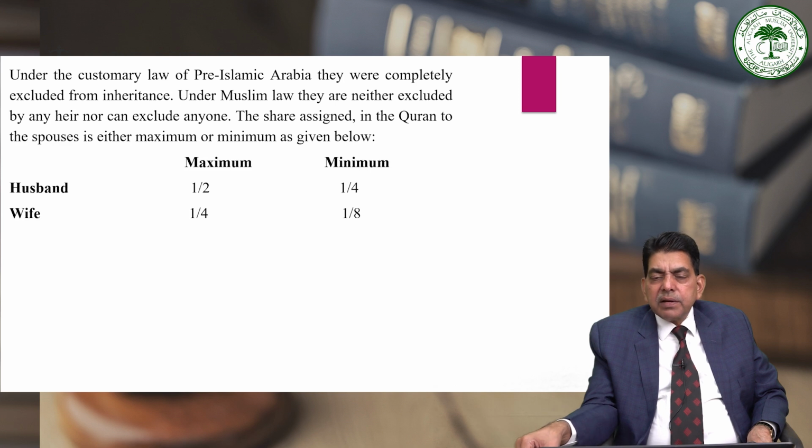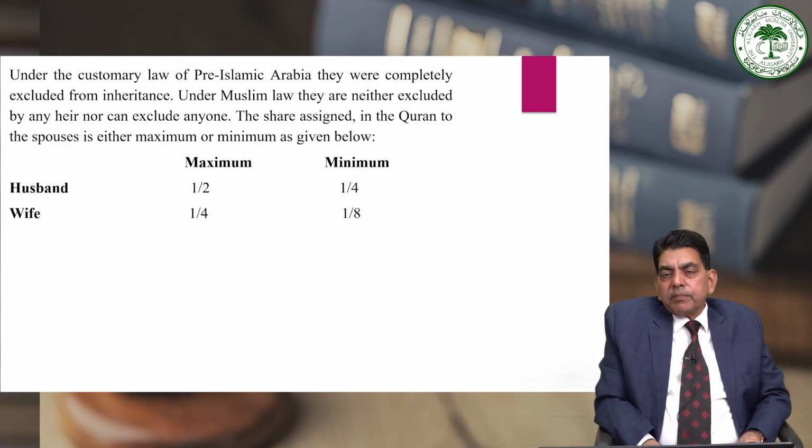I have shown the chart, maximum and minimum. If the surviving spouse is the husband, then the maximum share for the husband is 1/2 of the net total property. If the surviving spouse is the widow, then the maximum share for the widow as provided in verse 11 of the Holy Quran is 1/4, and the minimum is 1/8.